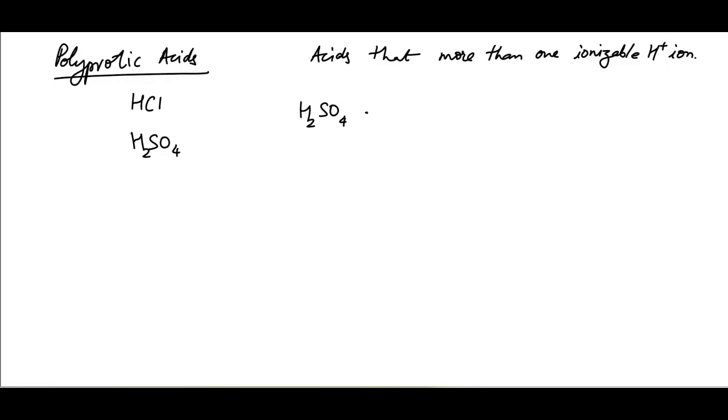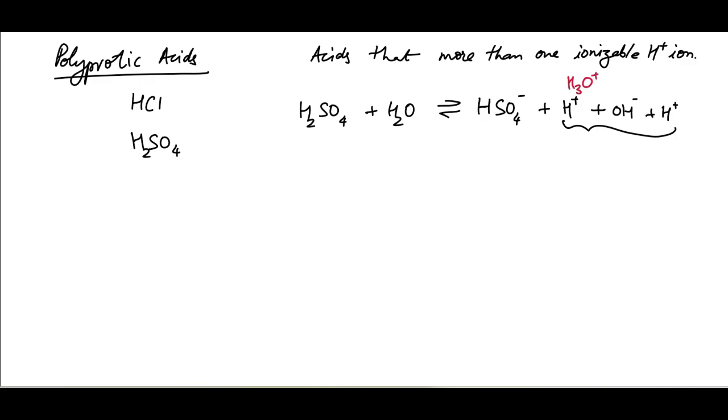When we dissolve it in water, let's say it's only releasing one H plus, so it will become HSO4 minus, plus H plus, with the OH minus from water, plus the one H coming from H2SO4, correct? So we can write this as H3O plus.